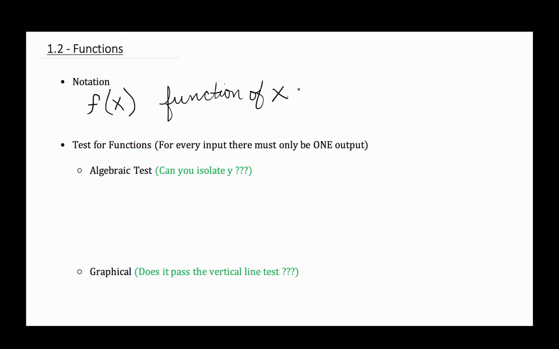What this means is x is our input, while f of x represents y, or the output. The test for functions is to determine whether or not for every single input there is only one output.